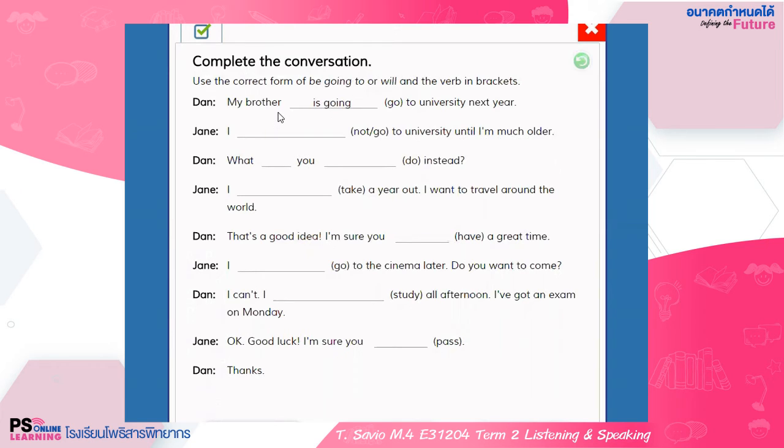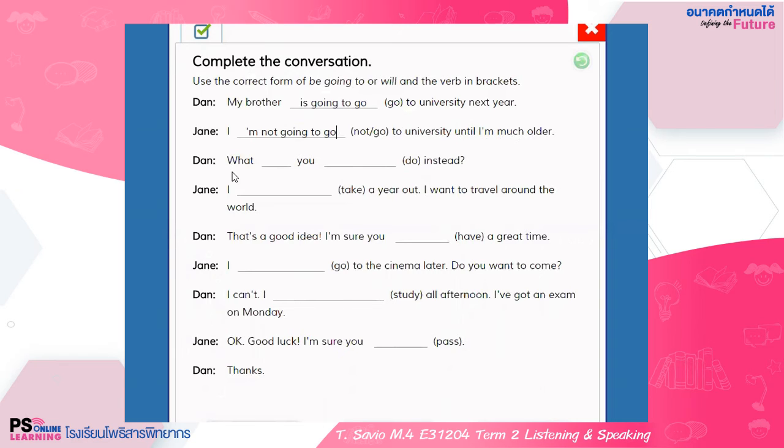My brother is going to go to university next year. Jane, I, the be form will be I'm not going to go to university until I'm much older.